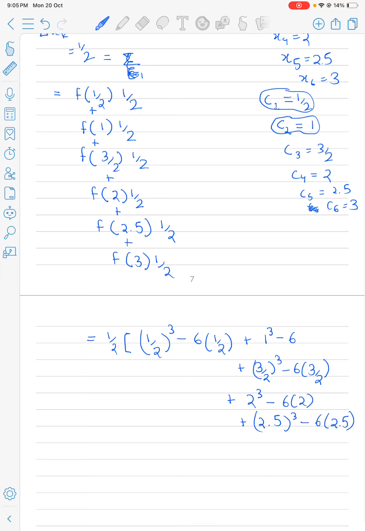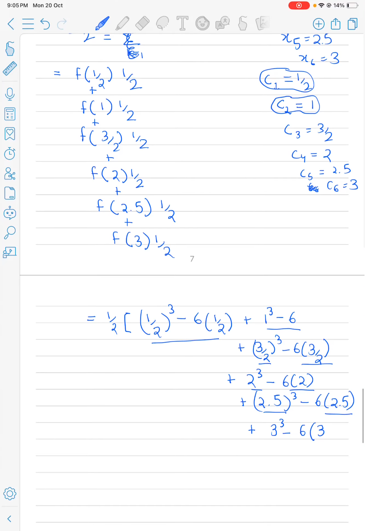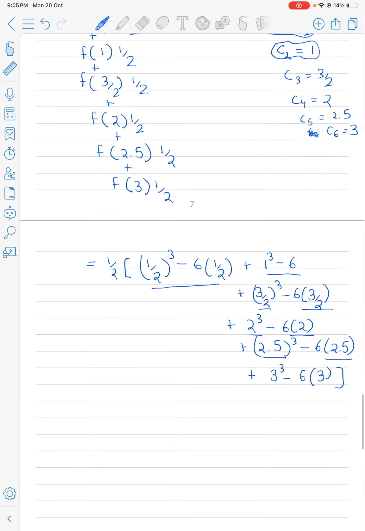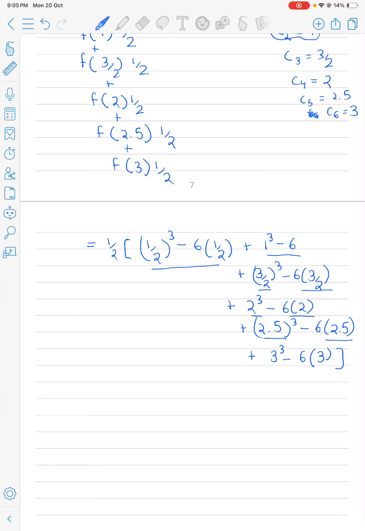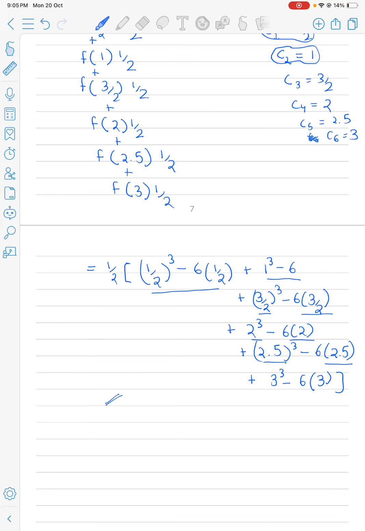I hope you can do this on your own. Then this will be 3 cube minus 6 into 3. I think it's correct. Now I think you can do it on your own, right?